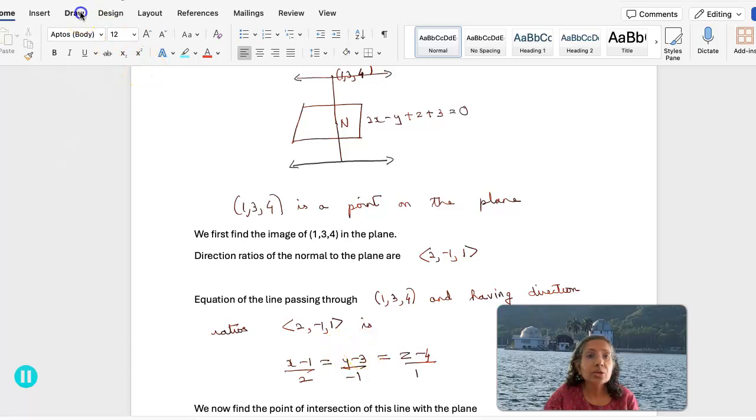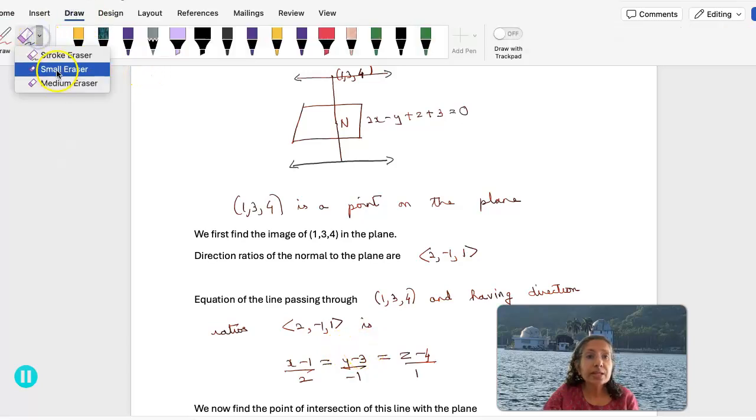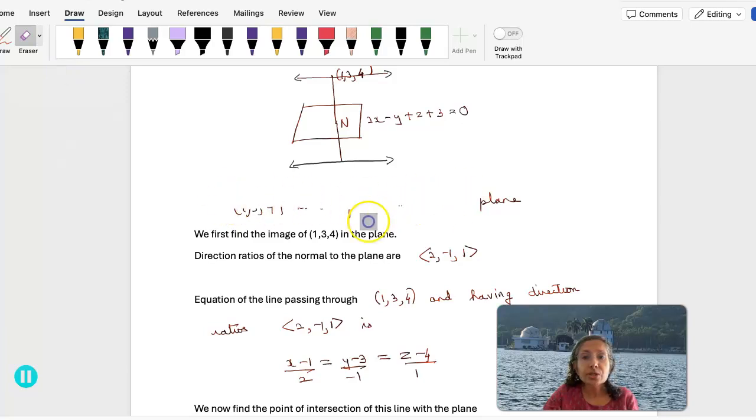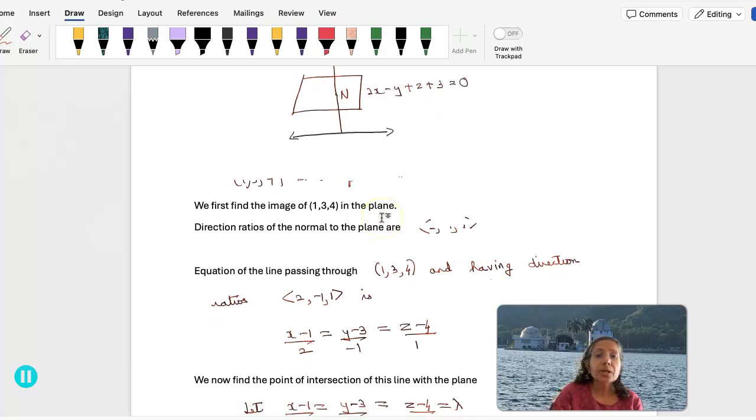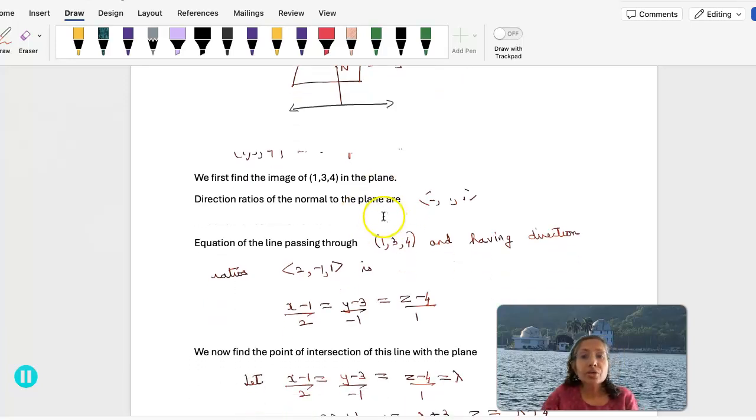We actually don't need the fact that (1, 3, 4) is a point in the plane. So I will just erase this for now. The direction ratios of the normal to the plane are 2, -1, 1.